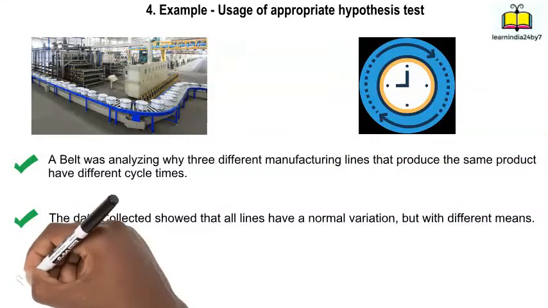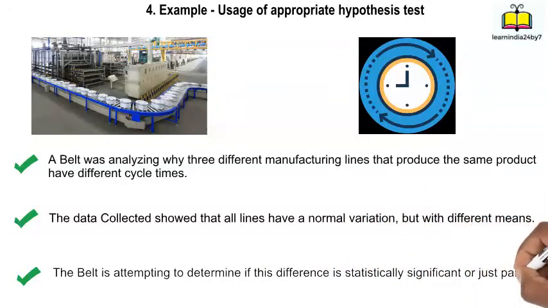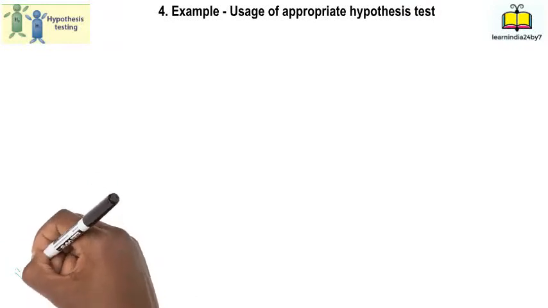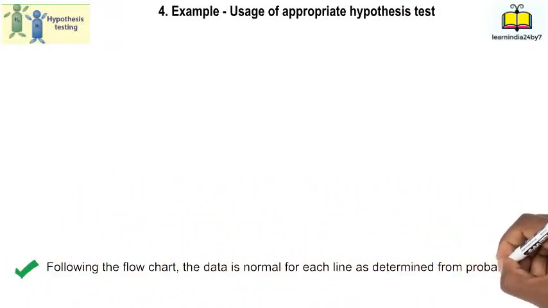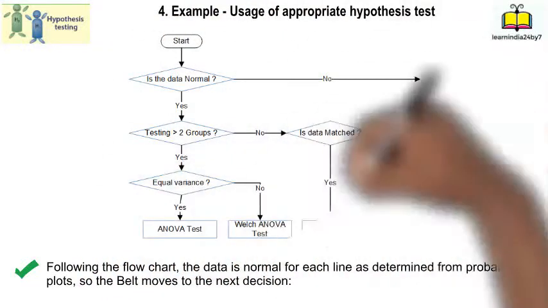So the belt wants to determine now if the difference is statistically significant or just part of normal variation. Following the flowchart and as data found to be normal for each line, the belt moves to next decision.